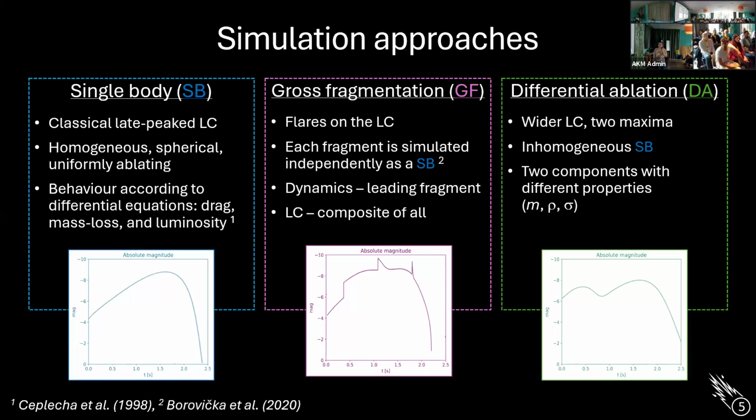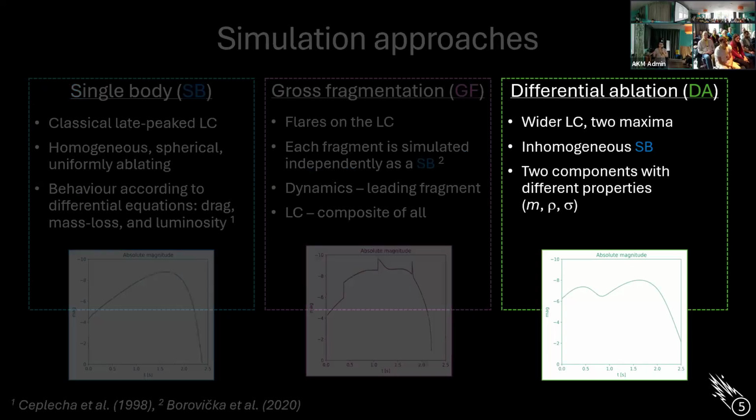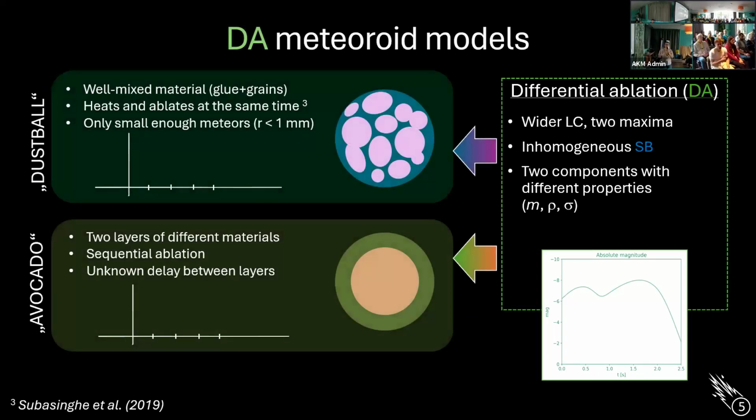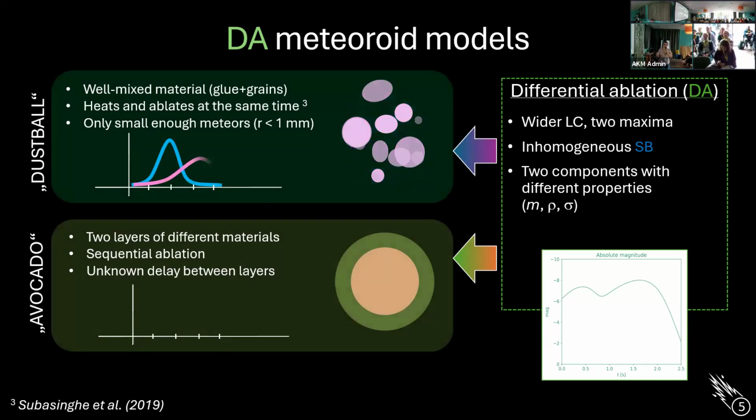So this approach in literature is usually modeled with a so-called dust ball model, which means we have a small meteoroid, well mixed, and it heats up at the same time. Ablation starts also at the same time, but with different rates, which looks something like this.